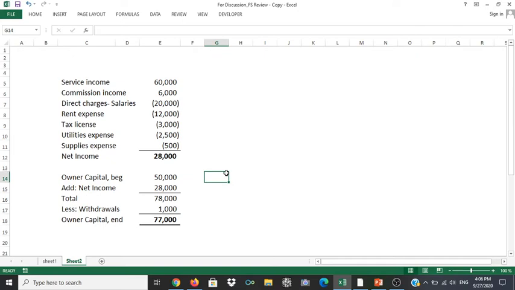Okay. Remember accounting equation. What is our accounting equation? Other way around of computing the equity balance in the problem. What's our accounting equation? Assets equals liability plus owner's equity.